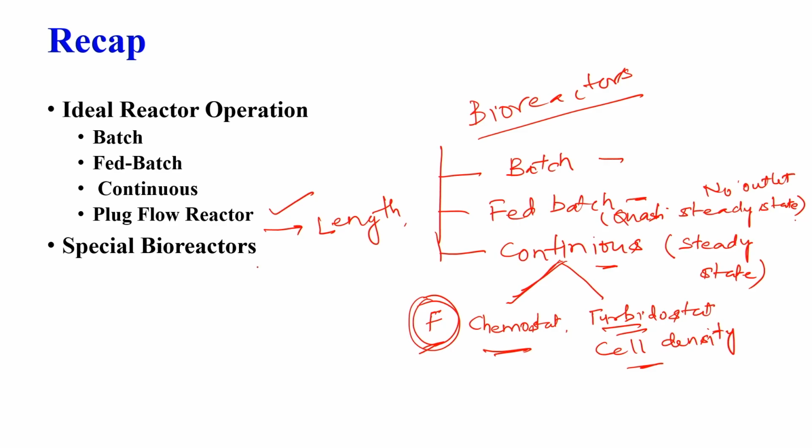Then further we discussed special bioreactors. There were different variations like bubble column, airlift, packed bed, fluidized bed, and at the end we discussed what should be the reactor consideration for shear sensitive animal cell and plant cell culture.